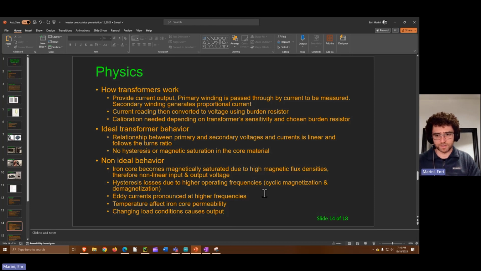I mentioned eddy currents. Again, typically happens at higher frequencies. Again, if you leave this running for too long, temperature will affect the core permeability. And if you change the load, which would typically involve startup and shutdown procedures, that could affect your output.